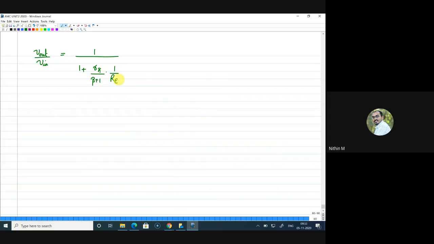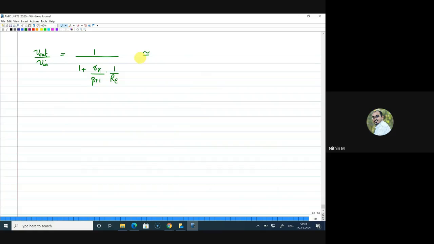Now how can I write R pi by beta plus 1? Any substitution can I do there, or any approximate value? Yes, it is RE, or it is 1 by Gm.